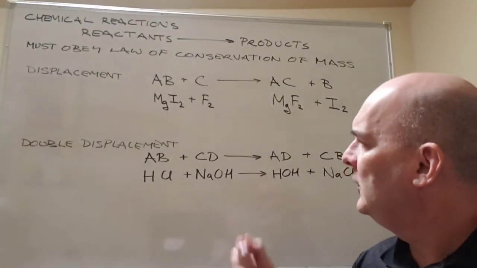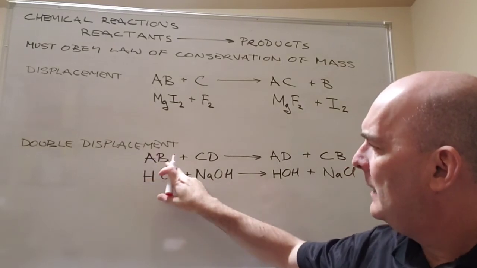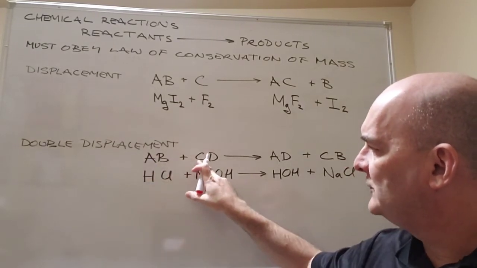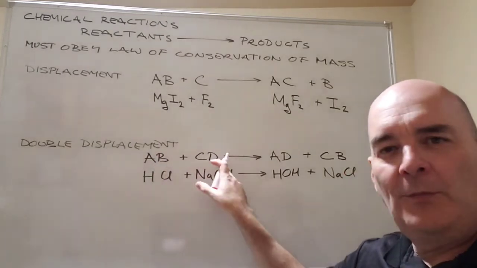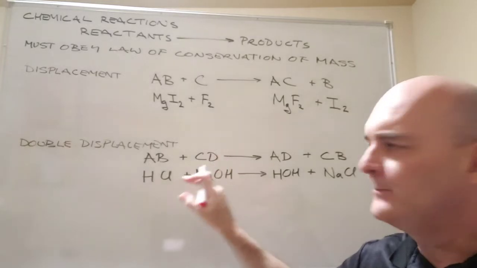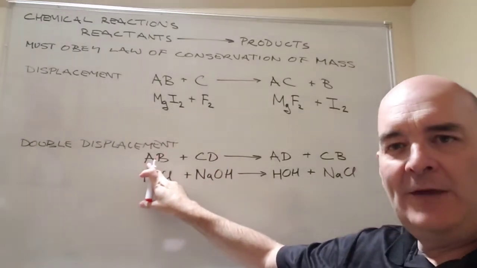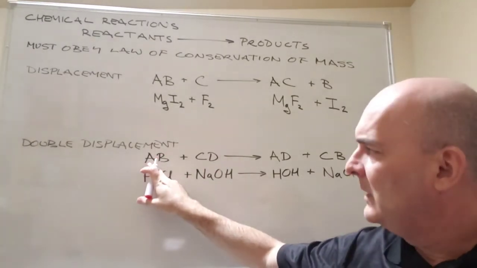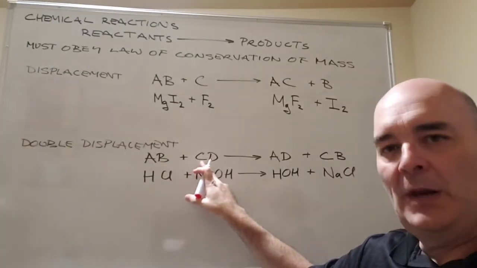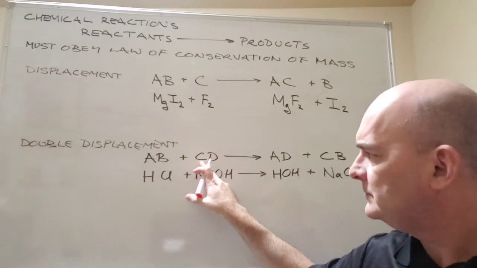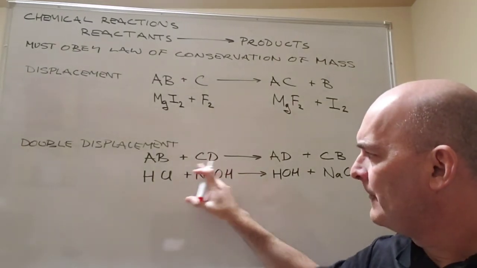Now, when we look at what AB means and what CD means, remember from the world of ionic bonding, something from the left-hand side of the periodic table, something from the right-hand side, something from the left-hand side, something from the right.